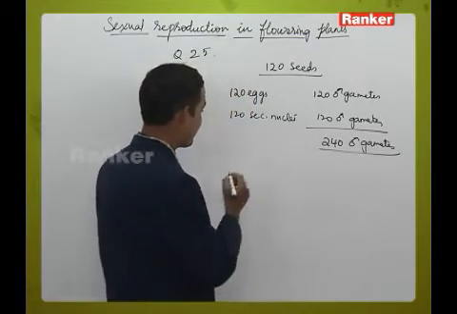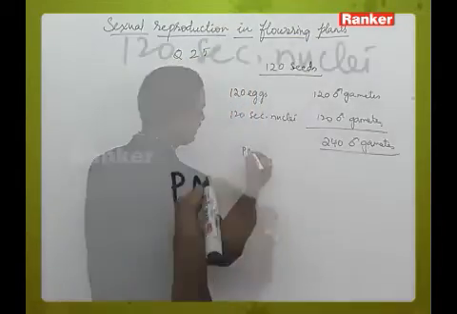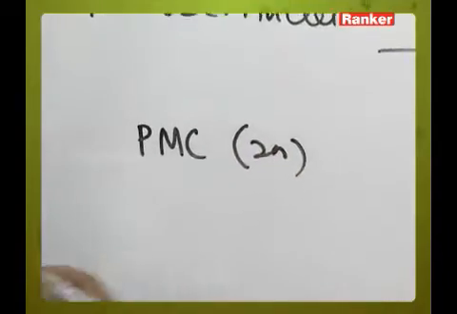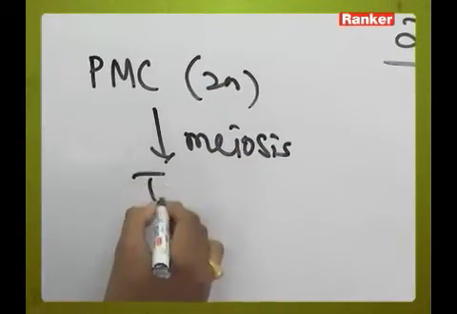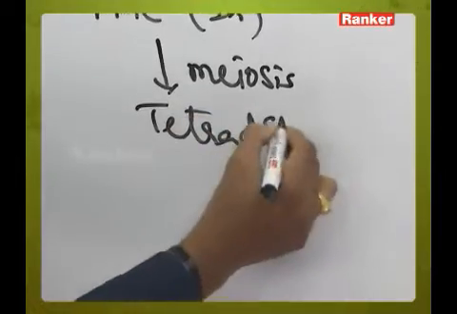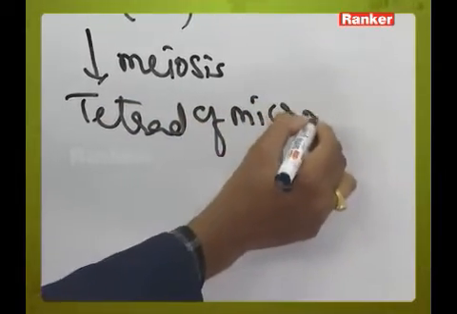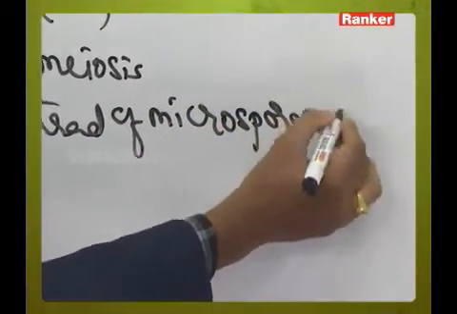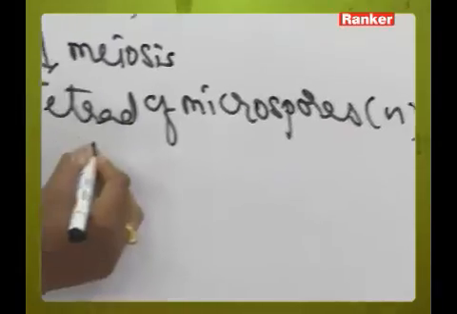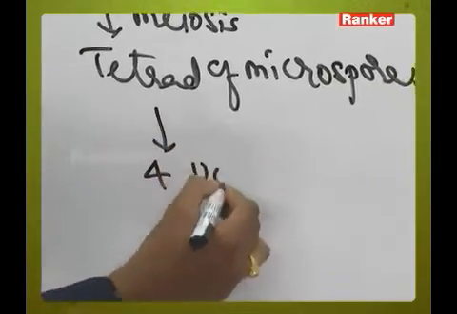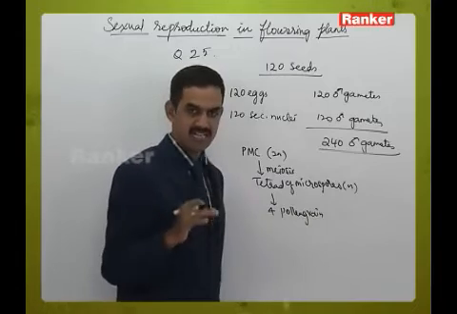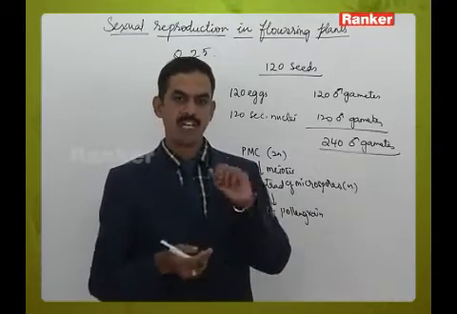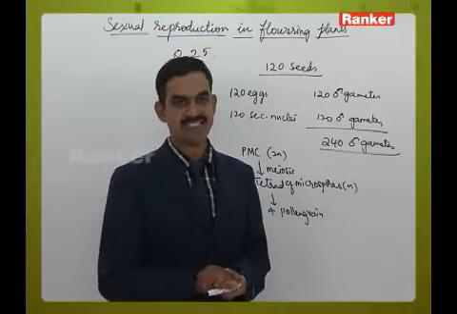And there is one relation here. The pollen mother cell, which is diploid, will undergo one meiosis to produce a tetrad of microspores. That is, 4 microspores are present, which are haploid. These microspores will form 4 pollen grains, and each pollen grain will undergo 2 mitoses to form 2 male gametes.